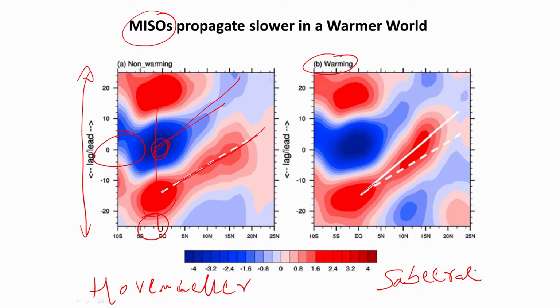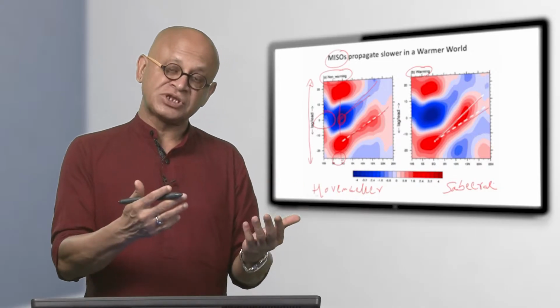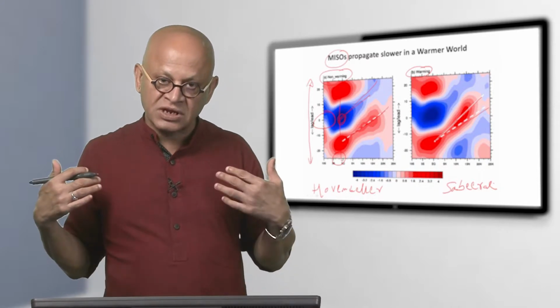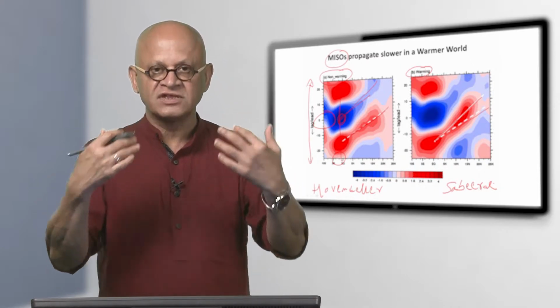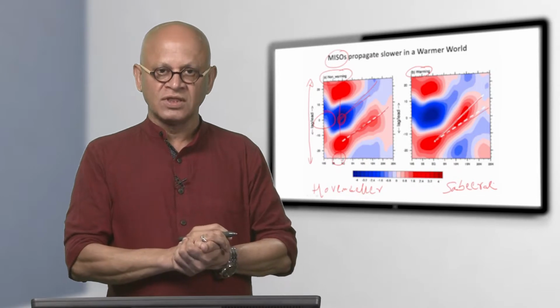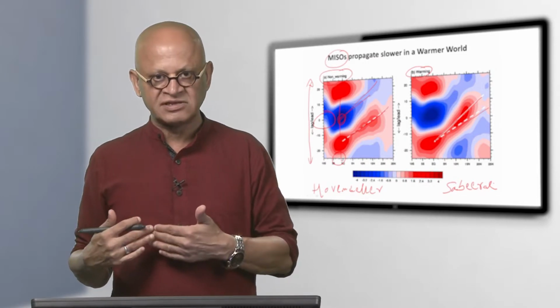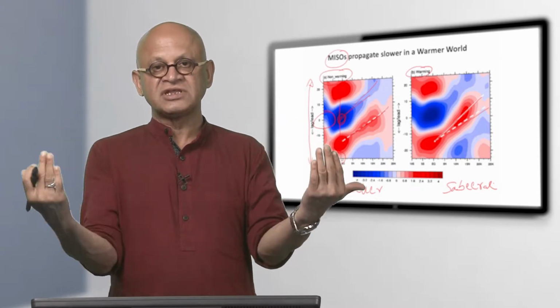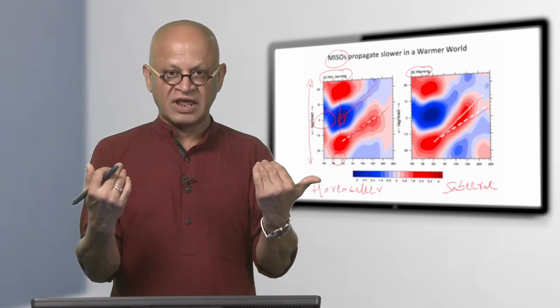For example, this is the speed under the non-warming conditions, and with the warming conditions, the speed has changed. So, actually the systems are now moving much slower than before, which would be consistent with the reduction in the total mean rainfall. Essentially, if you are bringing in fewer of these rain bearing systems into the northern hemisphere from the southern ITCZ, you would expect that over a season that would amount to reduced rainfall.